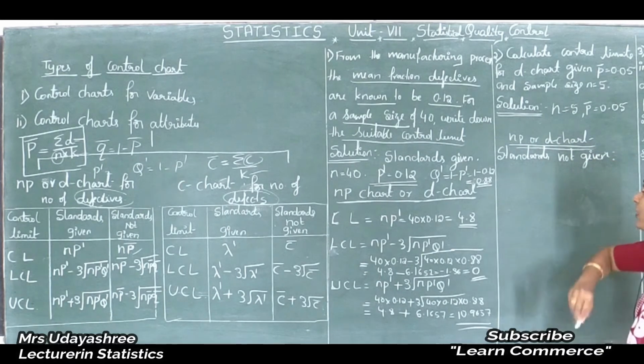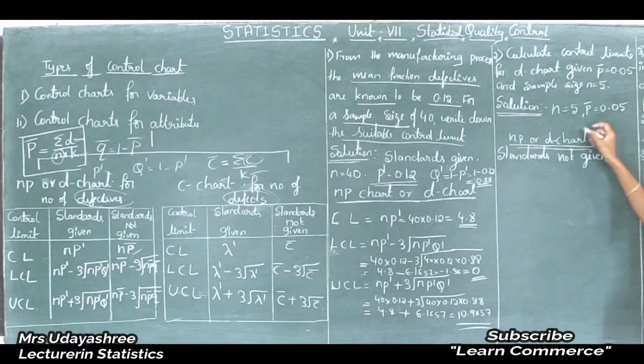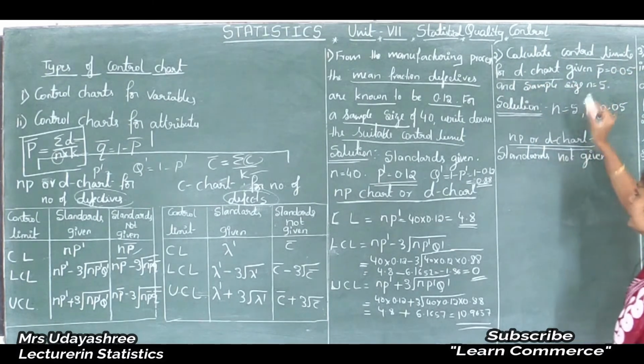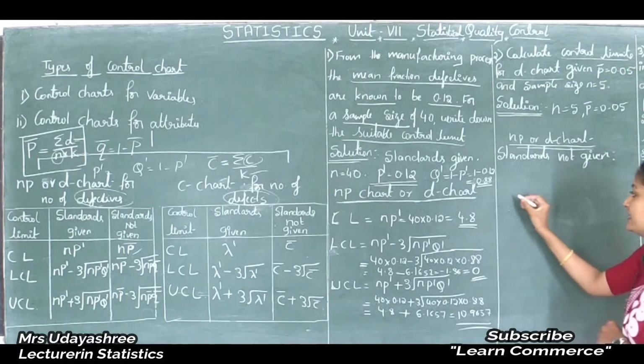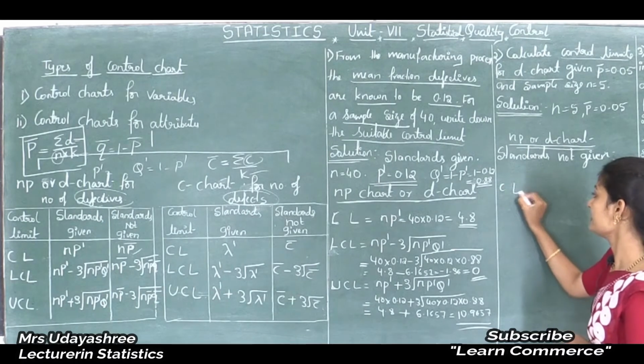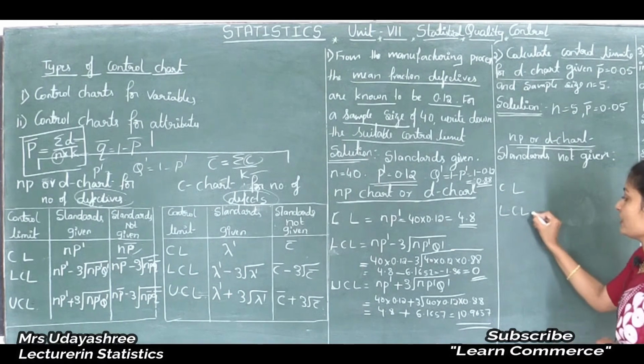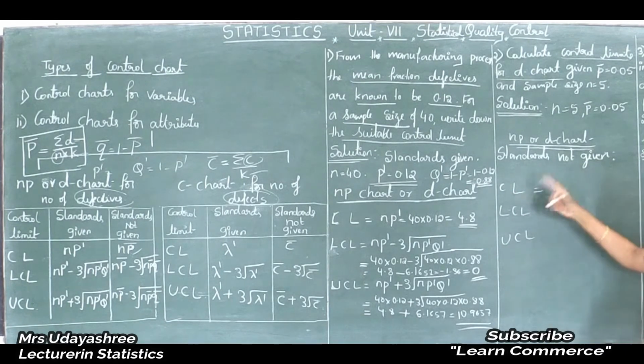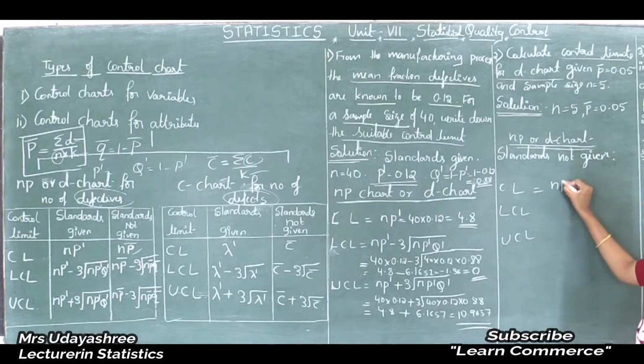Now for the limits, what do we need to do here? We need to find control limits for the D chart. So the control limits for the D chart are the central line, lower control limit and upper control limit. To calculate the central line in standards not given case for the NP or D chart, the formula is n into P bar.